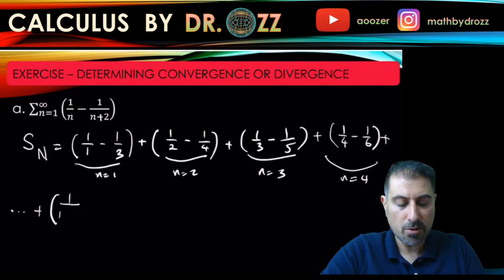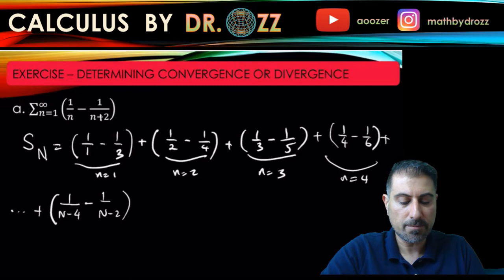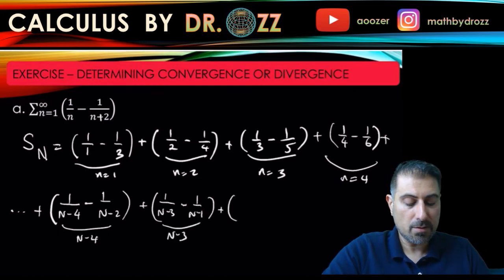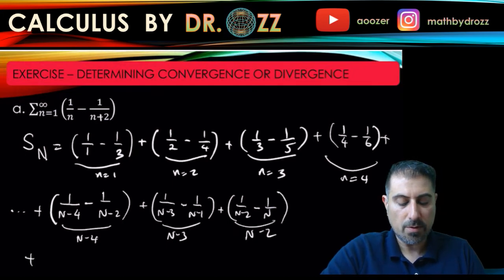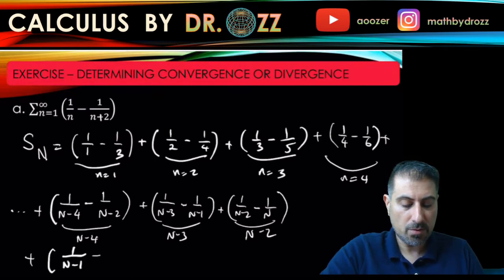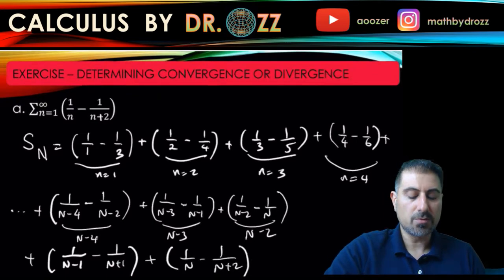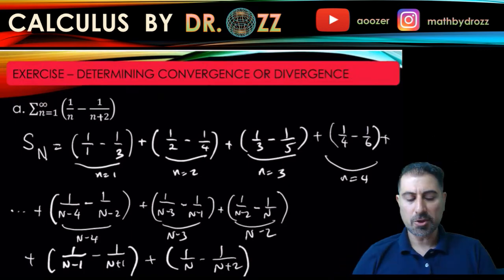So 1 over n minus 4 minus 1 over n minus 2, plus the n minus 3rd term, 1 over n minus 3 minus 1 over n minus 1, plus the n minus 2nd, plus the n minus 1st, and finally the nth: 1 over n minus 1 over n plus 2. All right, I think we have the full picture now.